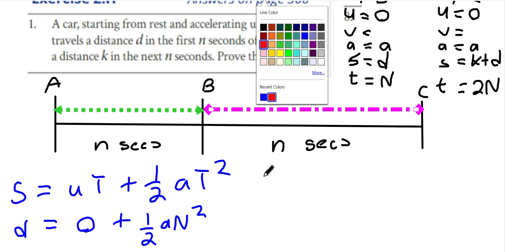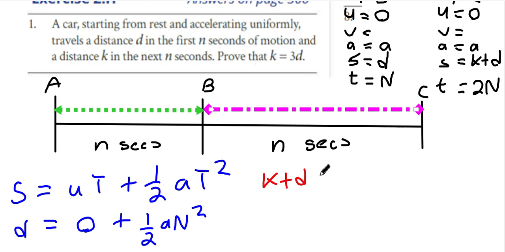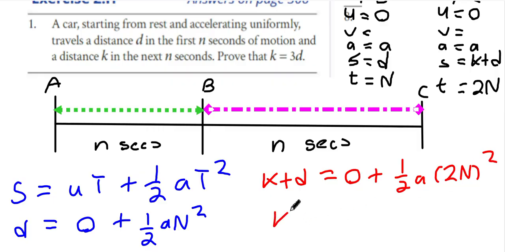It's going to be K plus D equals 0 plus a half a times 2n squared. K plus D equals 2an squared. Oh, the 2 needs to be on top.